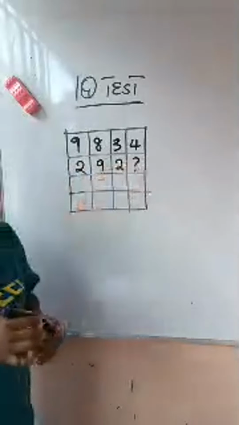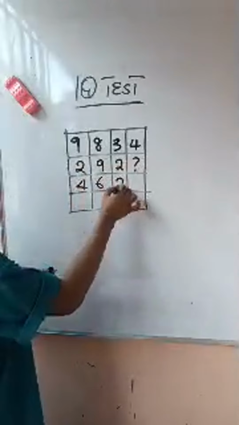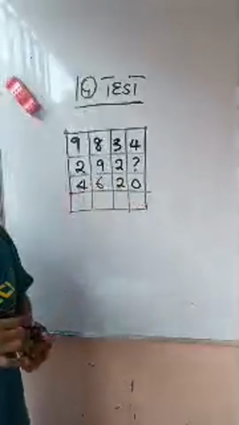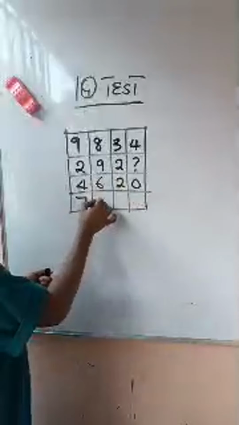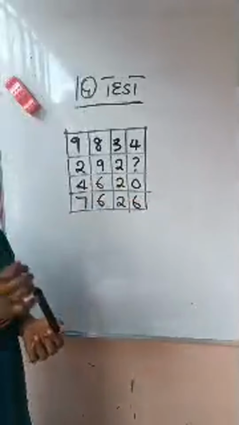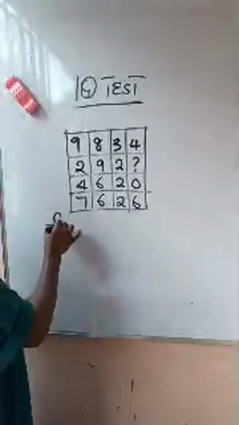Then this is where the question mark is. We have 4, 6, 2, 0, 7, 6 and 2, 6. So the question says: find the missing number.